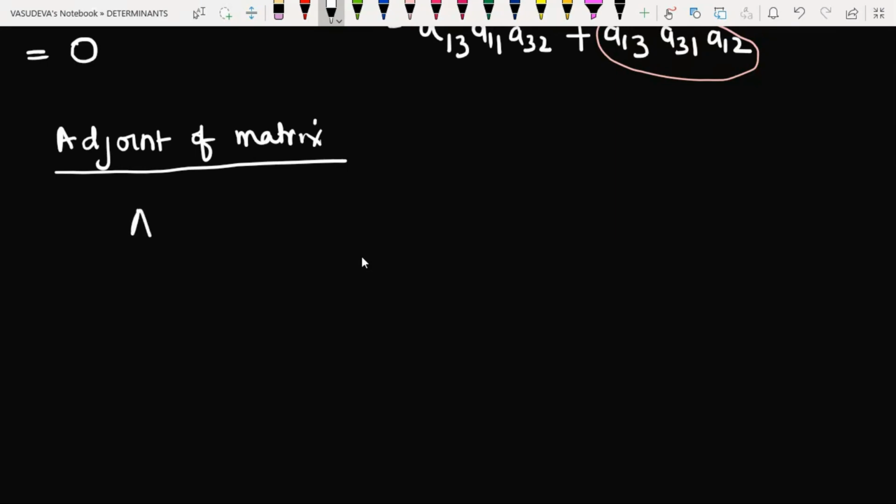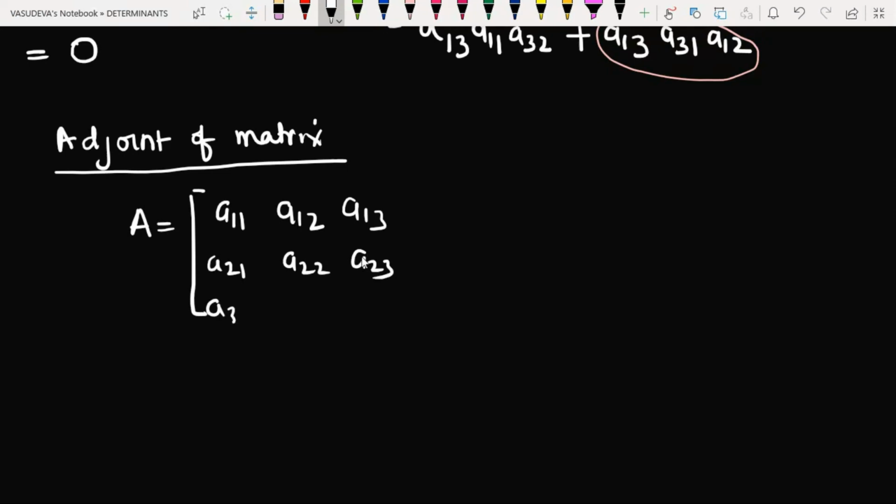Suppose A is a matrix with elements A11, A12, A13, A21, A22, A23, A31, A32, A33.